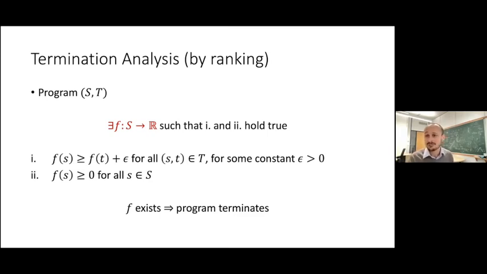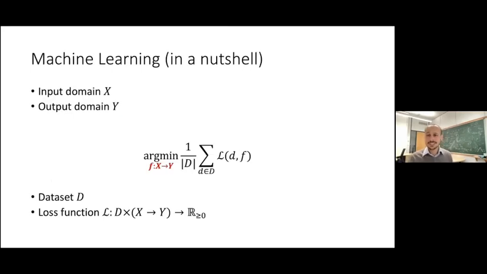So machine learning in a very basic way can be seen as follows. Normally we have an input and an output domain. For a classifier, the input is a set of pictures and the output is a set of classes. But more generally, we have an input and an output domain. So the first question that we need to ask ourselves is, what is the input and output domain when we do machine learning?